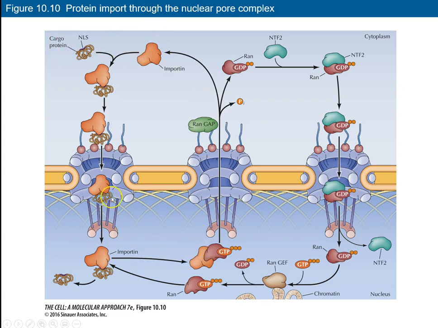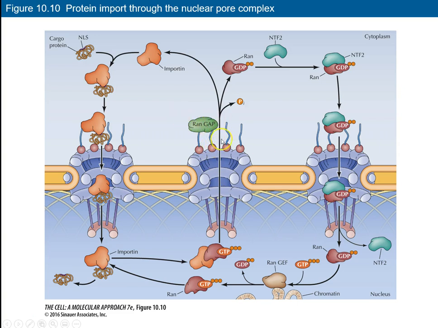It needs to get another cargo protein and bring it in. If it's stuck inside the nucleus, you're not going to have any importin outside to bring cargo in. So it's super important that this continues so that this can get back out to take another protein in. So this RAN protein is important in moving this importin.